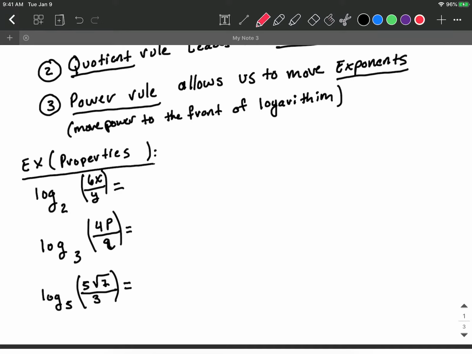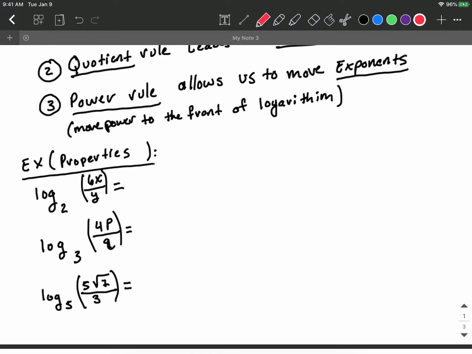When you're looking at properties of logarithms and wanting to expand them, which is what we're doing here, the questions will typically ask you to expand a set of logarithms or to reduce it or shrink it.